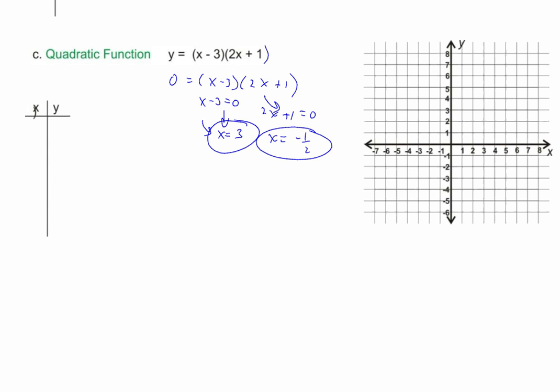What I wanted to do on this last one is show you guys what these two values represent. I want to plot these points. What was my y value? 0. So guess what? I have the point (3, 0) and I have the point (negative 1/2, 0). And guess what we call these points? We call them the zeros of the function.